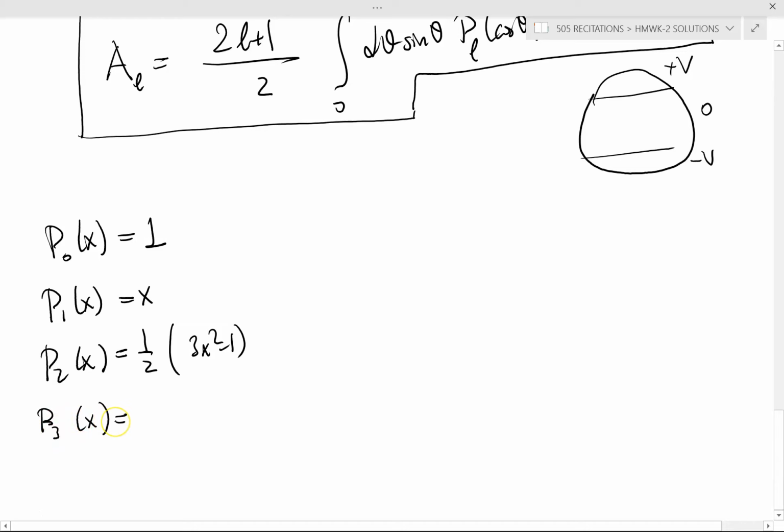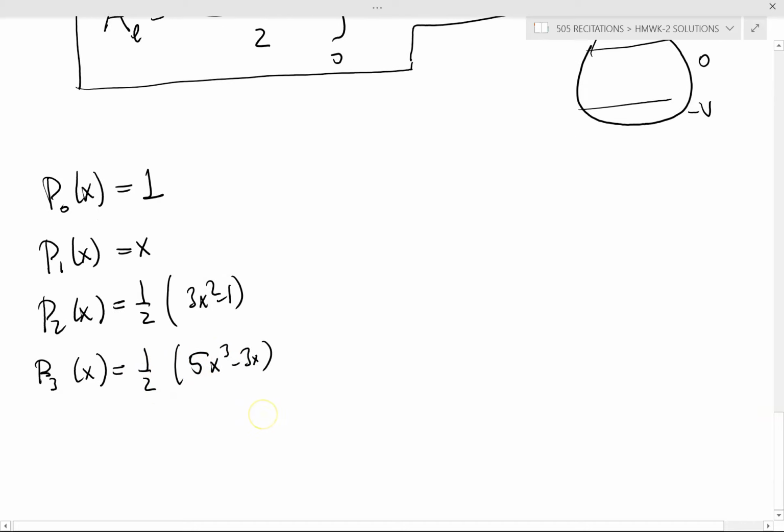For P3(x), 1 over 2 times this much, and P4 is 1 over 8 times this much.